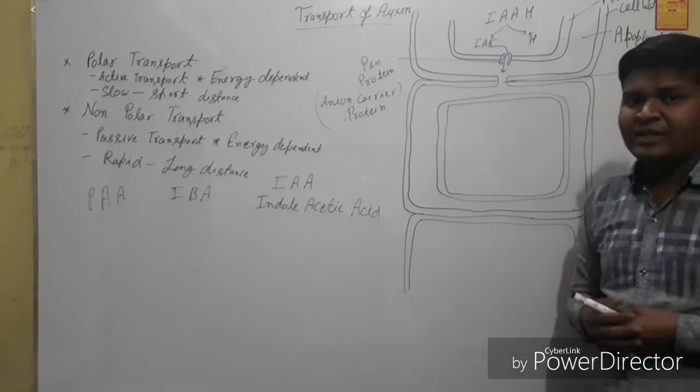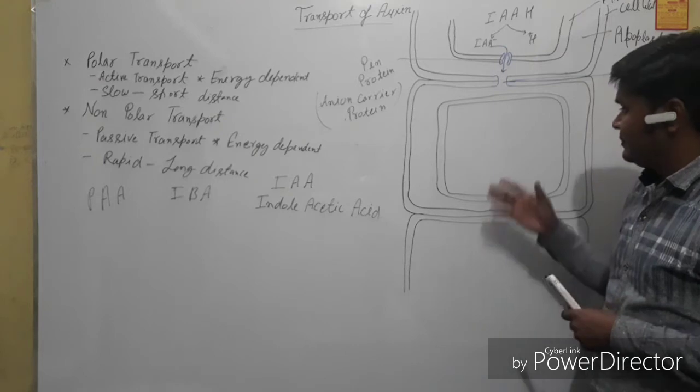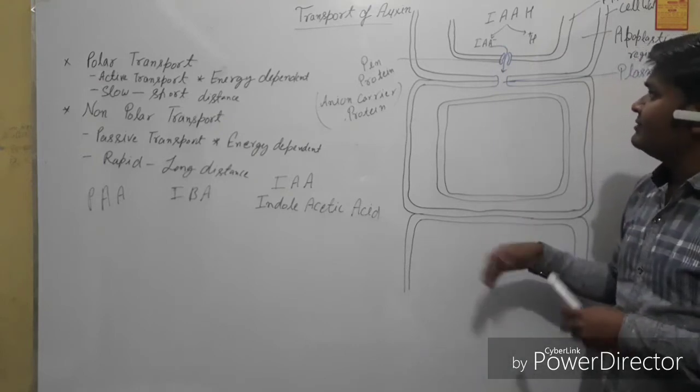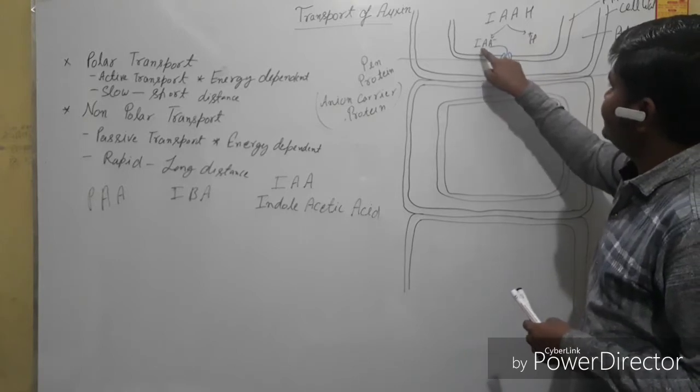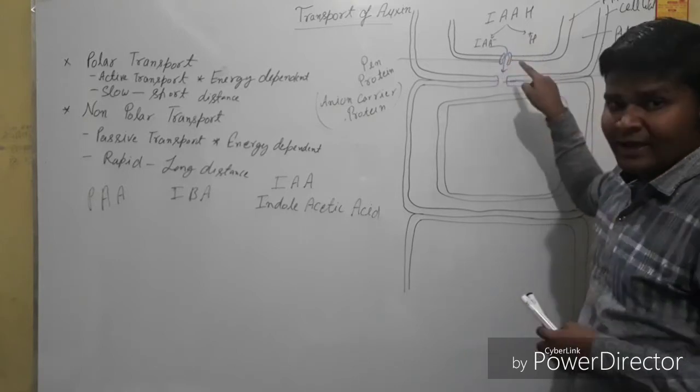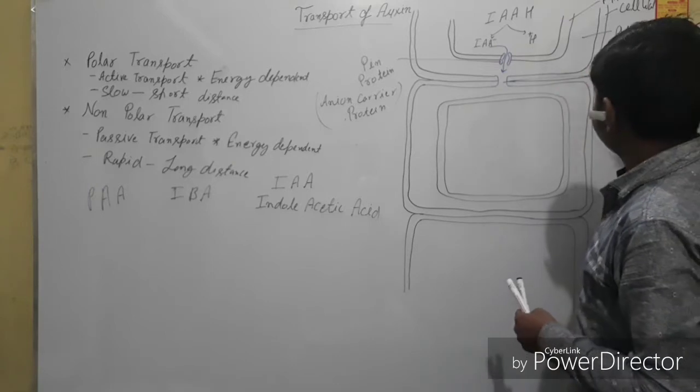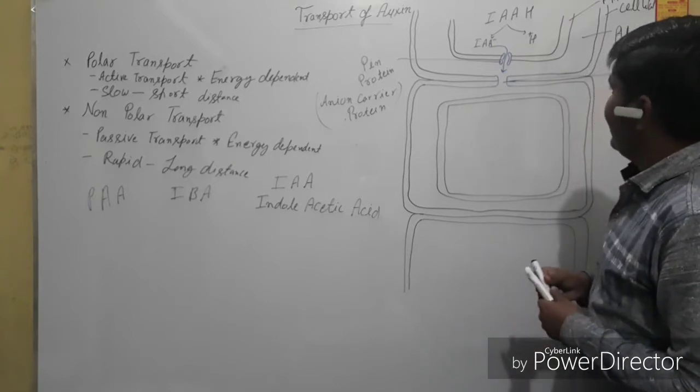There are many different types of PIN proteins present; later we will discuss them. First, IAA minus, the anion form of auxin, comes to the apoplastic region.